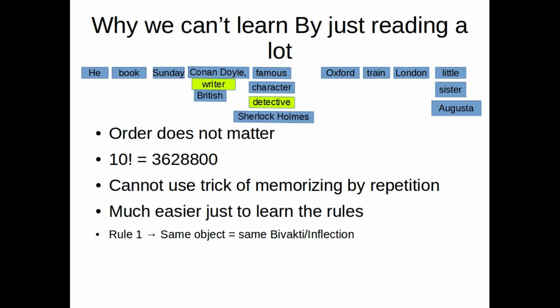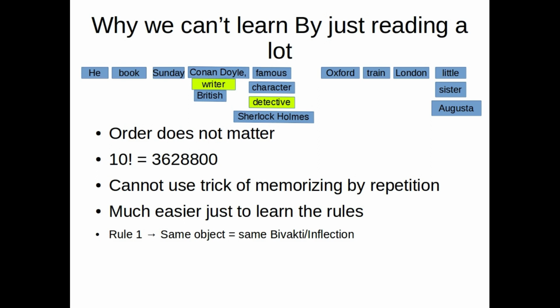In Sanskrit, the words describing the same thing would have the same inflection. That is, they would be in the same gender and vibhakti. Additionally, the arrangement of the words does not matter.